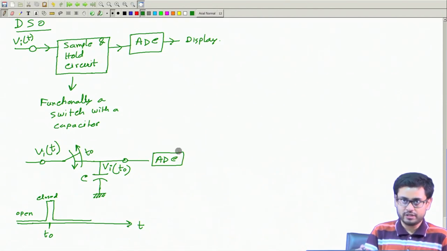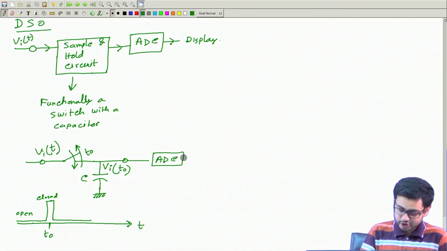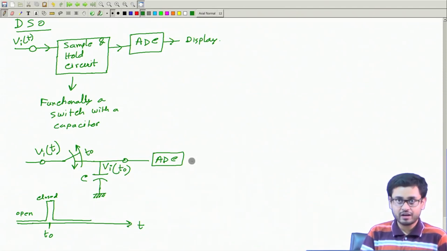Basically a DSO has some computing mechanism inside it. So it will pass the measured value of Vi(t naught) to the computer, and the computer will then display that value on the screen in the form of a waveform.